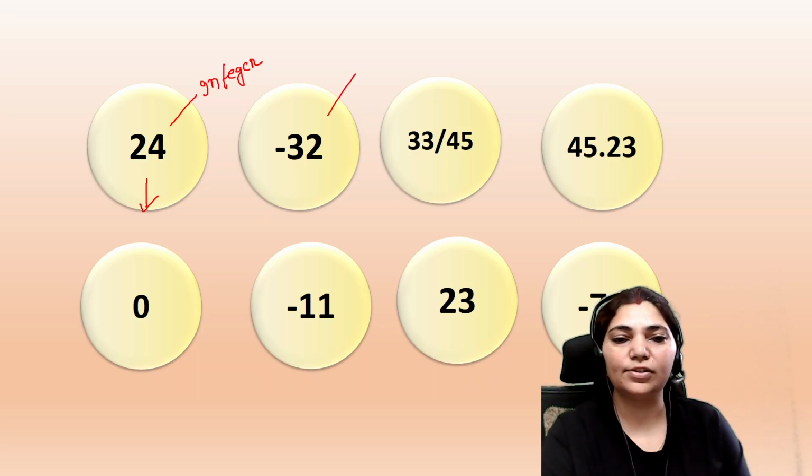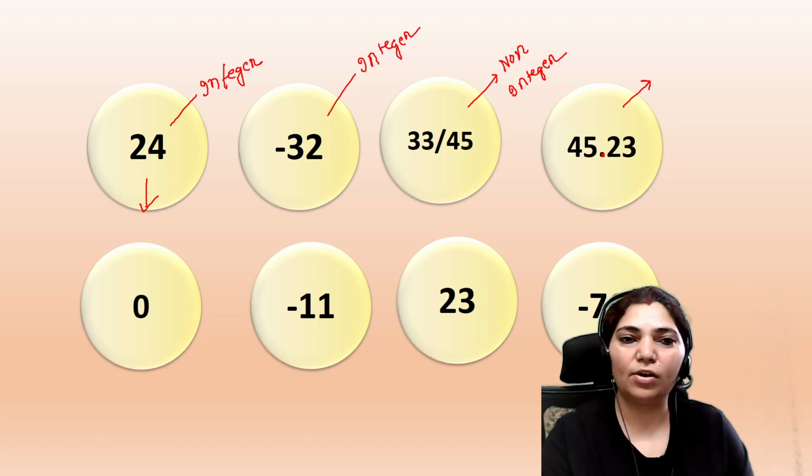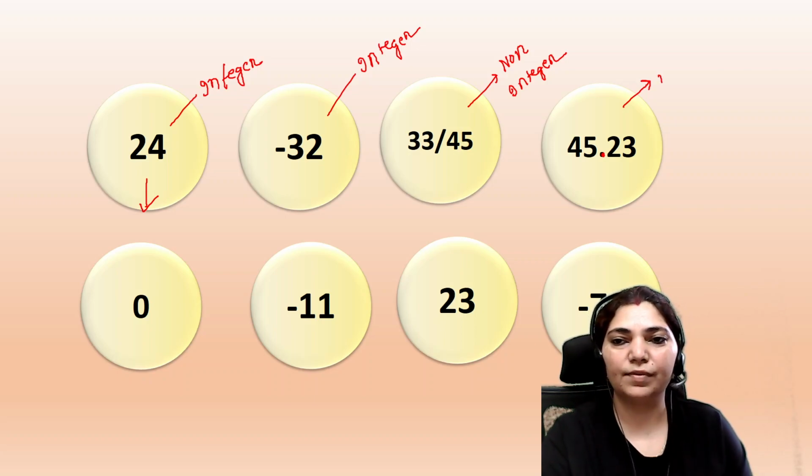Yes, this will also be an integer because it does not have a decimal or a fraction. Now look at this. This is a fraction, 33 by 45. If this is a fraction, we will consider it a non-integer. In the same way, look at this number. This number has a decimal point. If it has a decimal point, we cannot consider it an integer, so we will call it a non-integer.